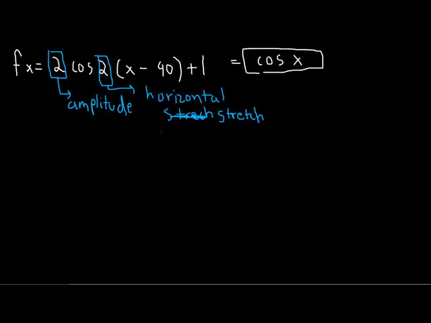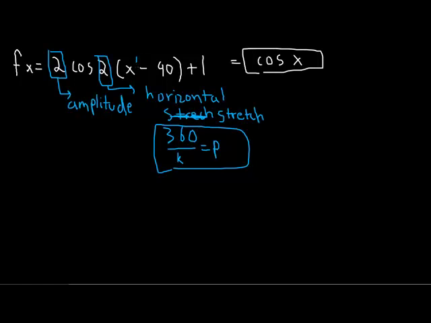So our equation for the period is basically 360 over the horizontal stretch, which let's just say is k, equals your period, right? And as we discussed in the last video, the period represents how long it takes for one cycle to start and finish. So this is a very key equation to memorize.